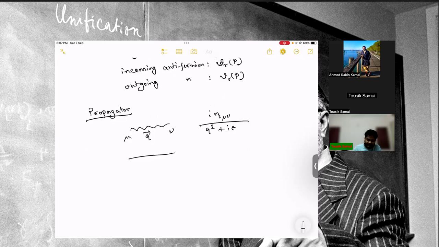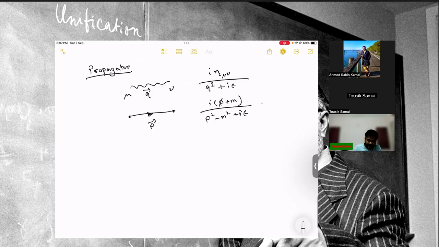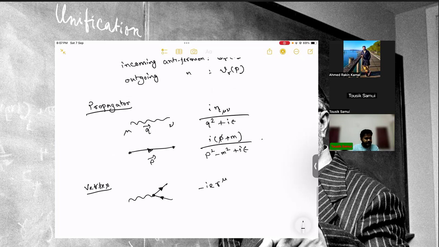And for the fermion, we have a different propagator, where m is the mass of the fermion, and it will be p squared minus m squared. And we have only one vertex, and momentum does not matter, at least in this vertex, so it will be common. Okay, so this is the complete Feynman rule for QED.